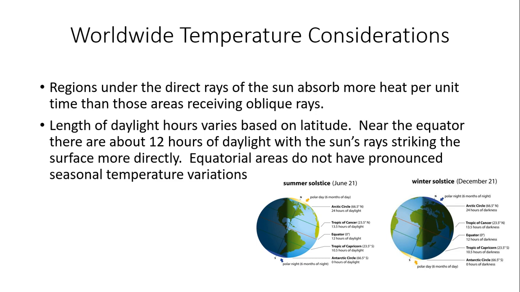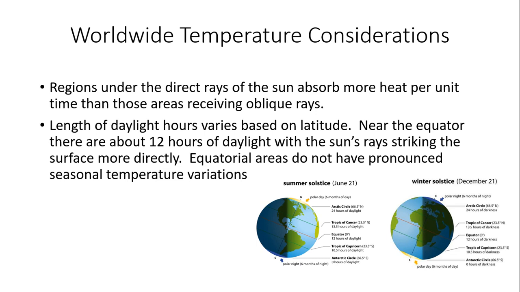Now, if you notice at the summer solstice, as you move north in latitude, as the northern hemisphere, the North Pole, is tilted toward the sun in the summertime, on June 21st, you'll notice that the farther north you go in latitude in the northern hemisphere, the greater the amount of daylight hours. So, for example, at 23.5 degrees north, the Tropic of Cancer, on or around June 21st for the summer solstice, there is approximately 13.5 hours of daylight.